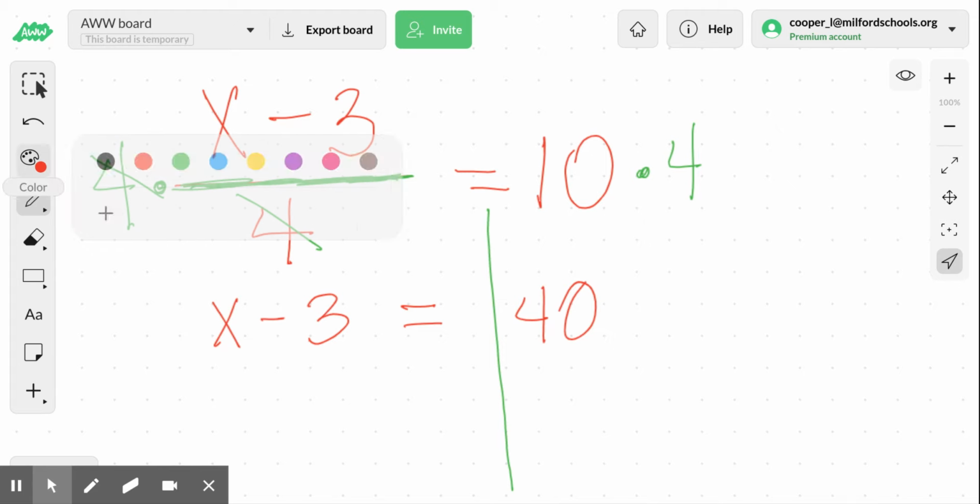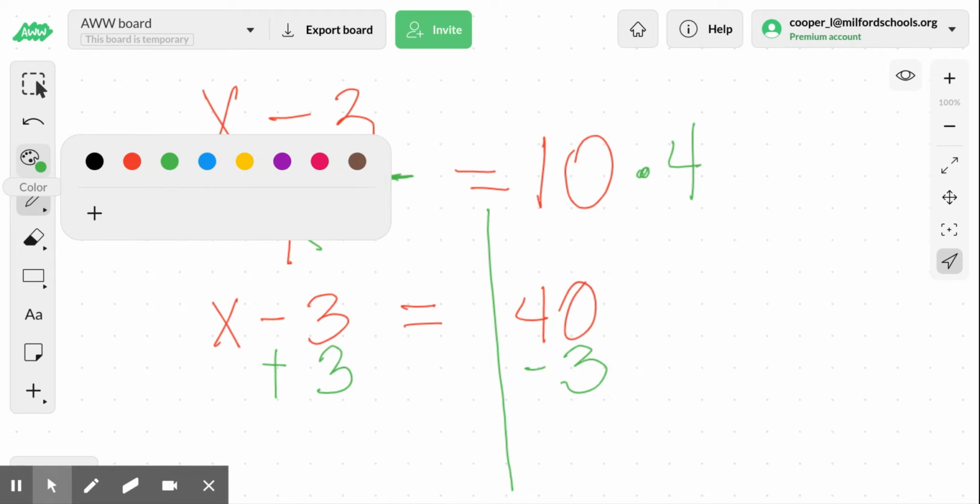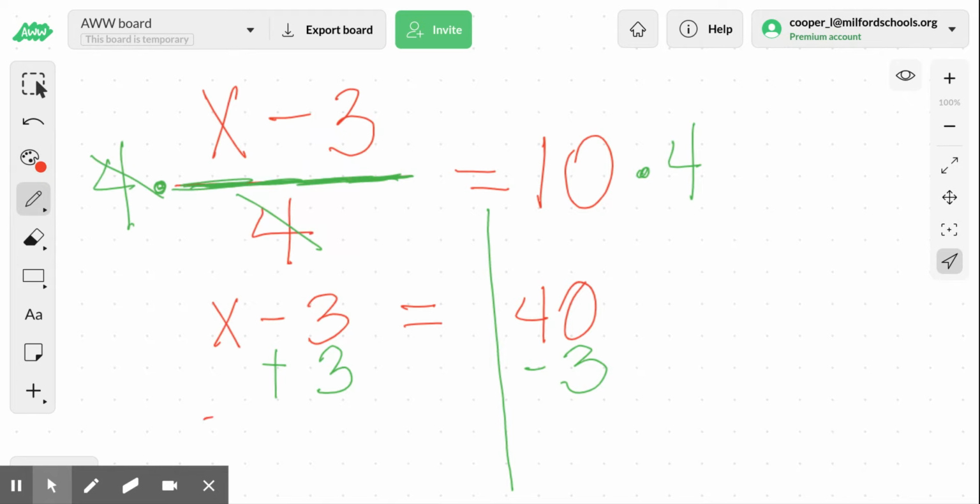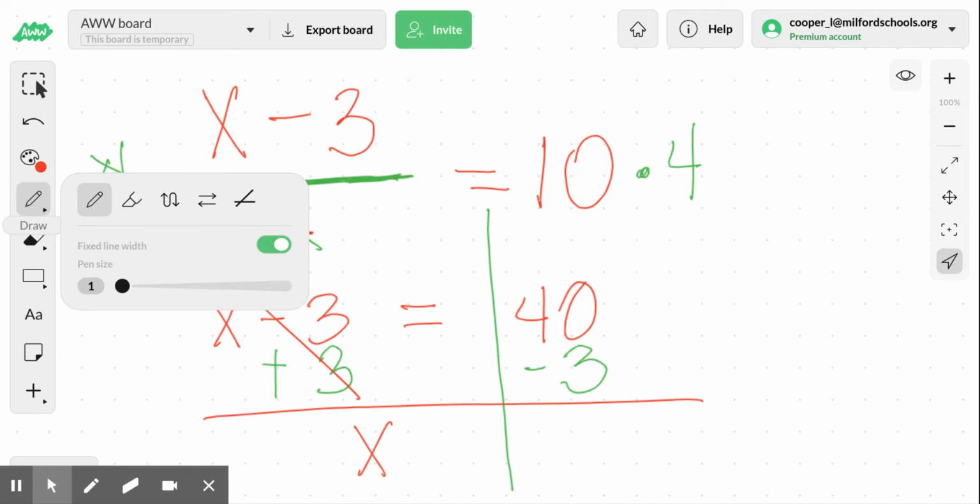So we then go ahead and do our inverse here. We add 3 on that side, add 3 on this side, and then we have done the inverse here, which cancels it out. We have x. Oh, I forgot to put the plus sign here.